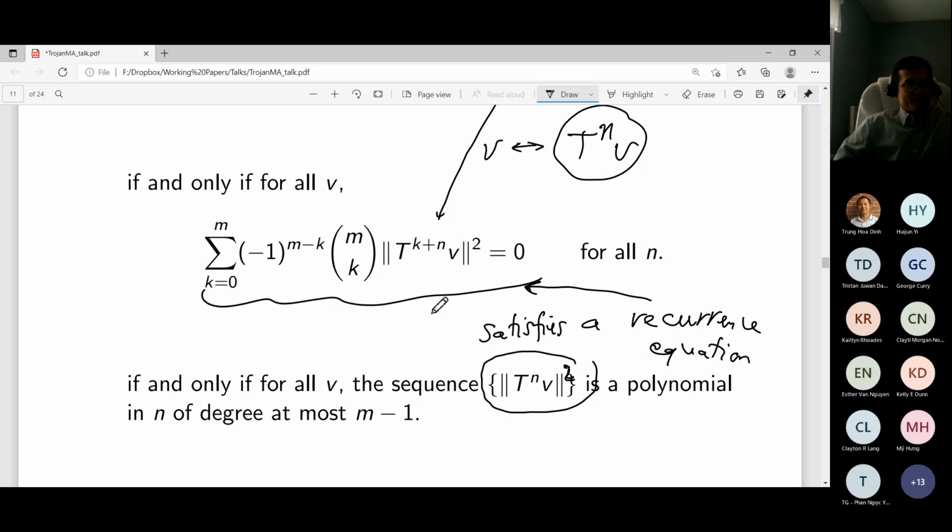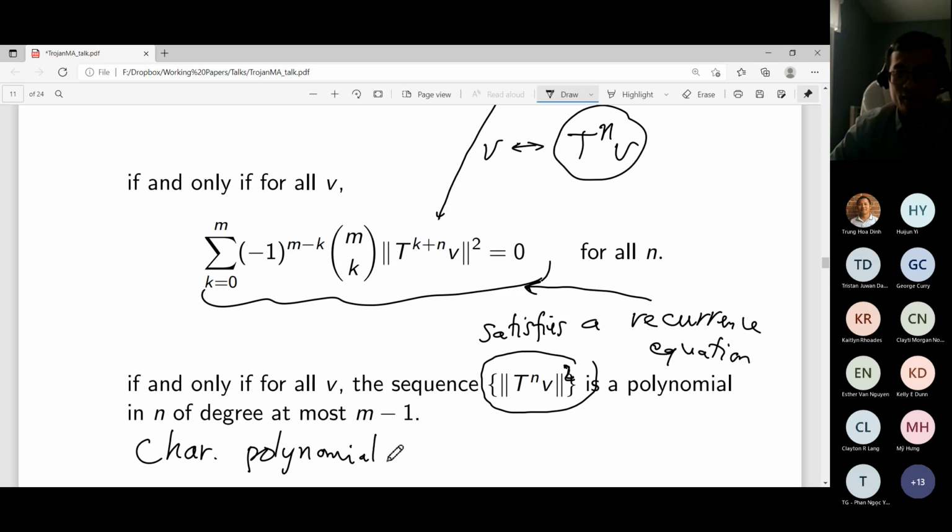Whenever we have a sequence that satisfies a recurrence equation, then to find out the formula, we can use the characteristic polynomial. In this case, because the coefficients come from the binomial expansion, the characteristic polynomial is exactly the one that I wrote earlier, t minus 1 to the m.